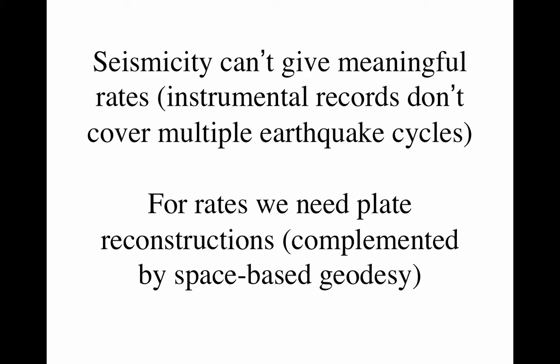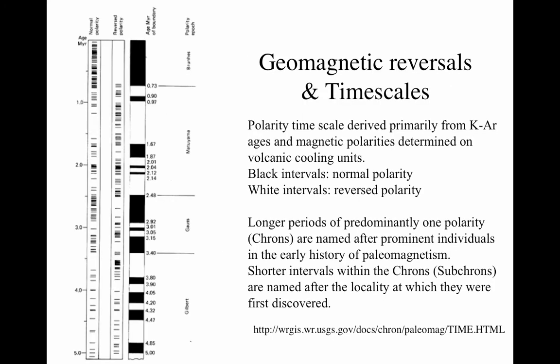We don't know when the earthquake preceding the 2004 event was that was similar in size. We don't know how often they occur, and so we can't calculate the plate convergence rate. We have to turn to other techniques. Over multi-million year timescales, the method of choice is going to be paleomagnetically determined locations.